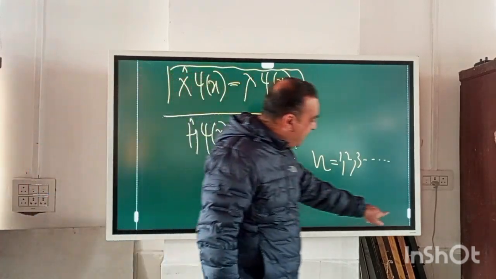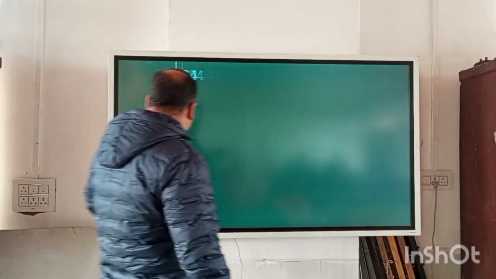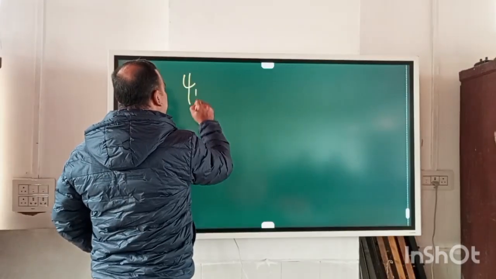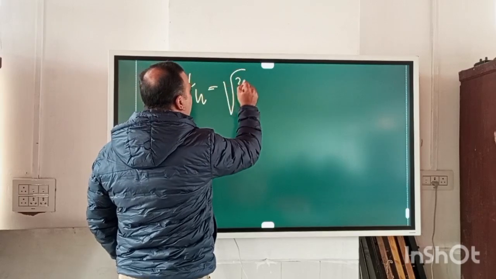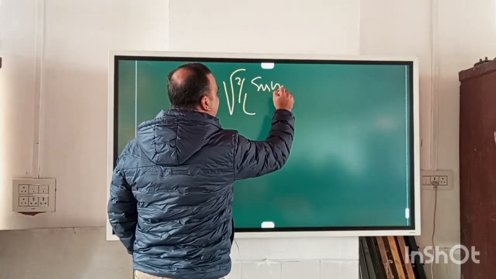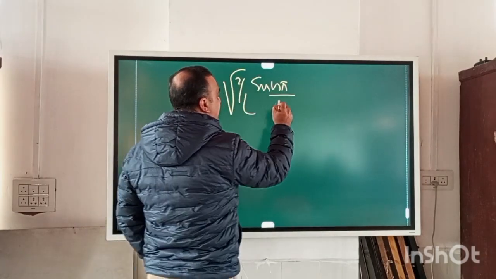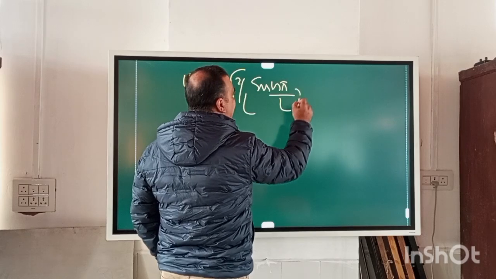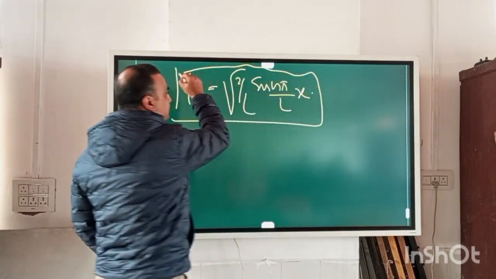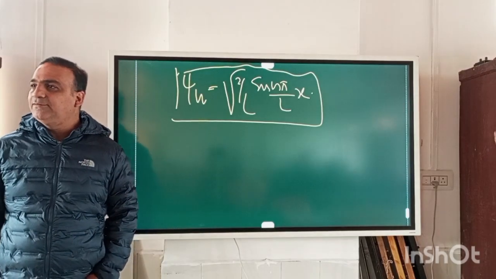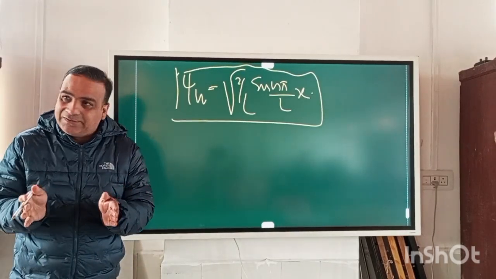What was that energy eigenfunction? It was psi n, which was the square root of 2 by L times sine of n pi by L times x. Right? So this is an example.